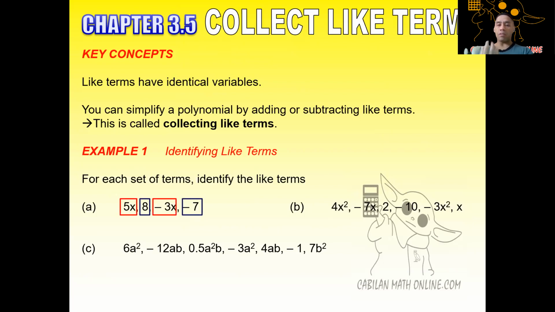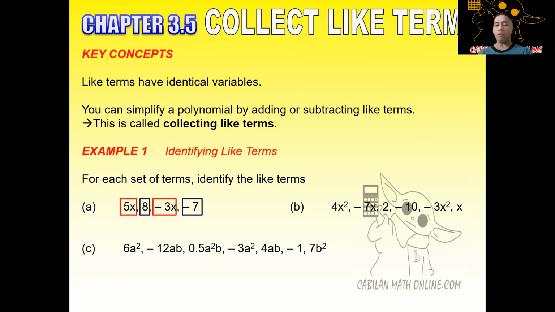All right. Now this is where you need to be careful, because notice for part B we have 4x squared, negative 7x, 2, negative 10, negative 3x squared, and an x. So we have different x's here for this particular question. Even though we have a bunch of x's, we only group the x's that have the same exponent or same degree.